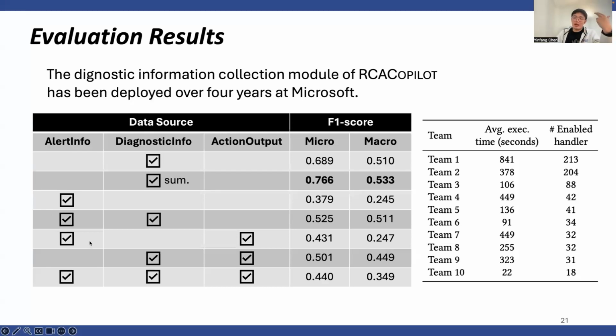For example, we just provide the diagnostic info with a list of root cause labels. There are hundreds of labels in our dataset, right? If we provide this list of labels with the diagnostic incident information, can we achieve better results? Actually, the answer is no. I believe we didn't put it here. So we tried different prompting designs, and we figured out that the current design is the best.